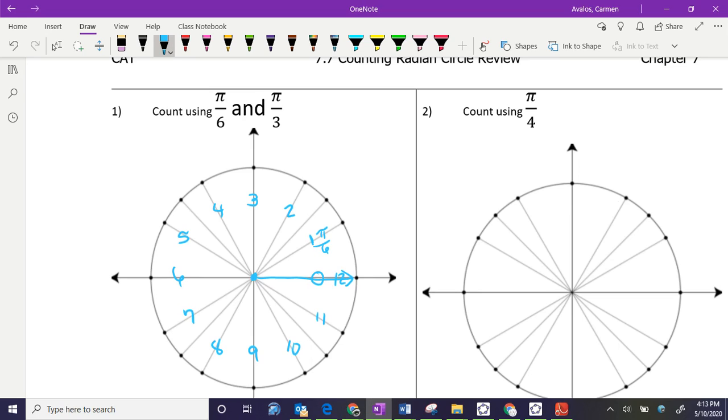So if you notice, we skip the 45-degree angles because those are not divisible by pi's over 6, but we did include the quadrantal angles, which are the angles on the x-axis and the y-axis. And mainly because if I do 3 pi over 6 here, when I reduce it, it's going to give me pi over 2.